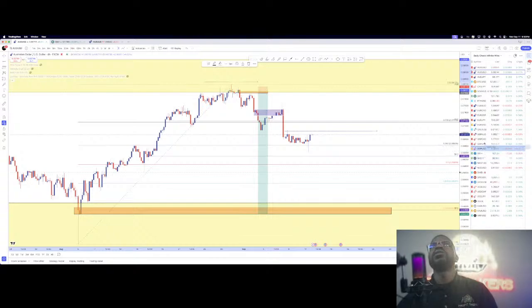What is going on with my list? This stuff is all out of place. I guess we can keep NZD USD up there.